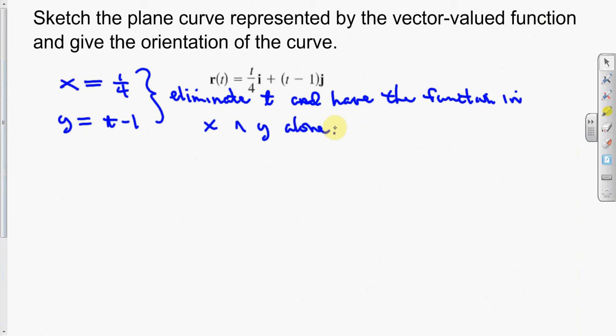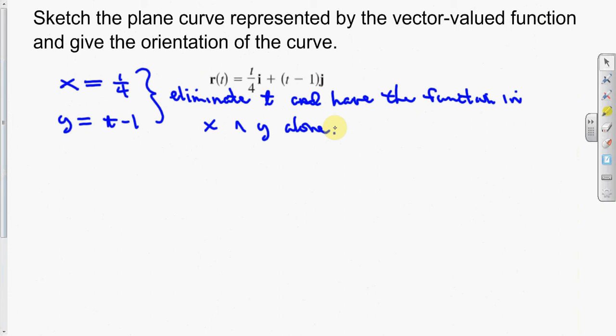But for this vector valued function, we can't get that, because the nature of this function is that it is a constant function.